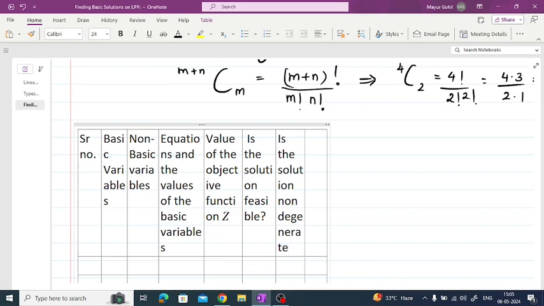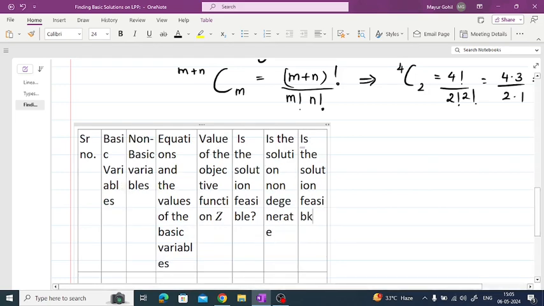And the last one we will need is, is the solution feasible and optimal.